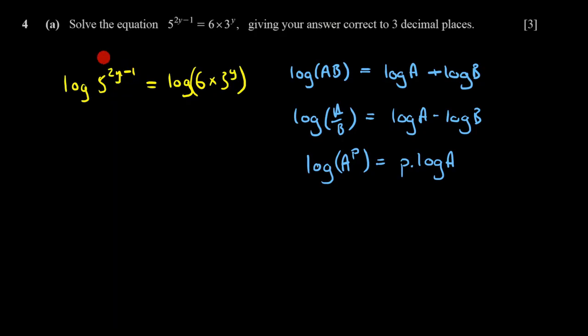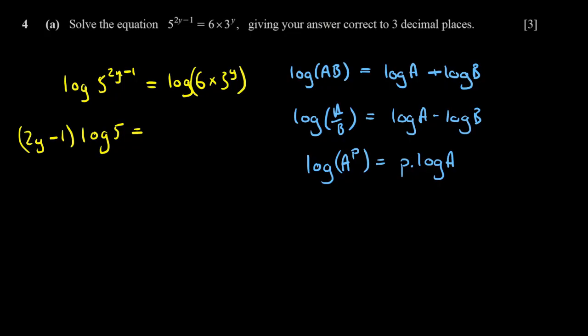So I'm going to take that power and bring it down to the front using this rule. Instead I'm going to write 2y minus 1 times log 5. Now here, because I've got log of 6 times 3 to the power of y, I can split that up using the first log rule. If I've got log of a times b, that's equal to log a plus log b.